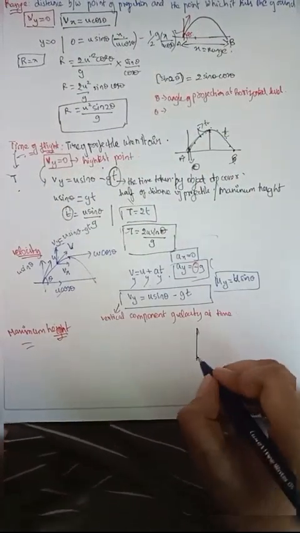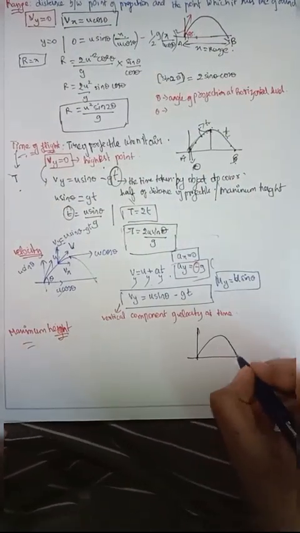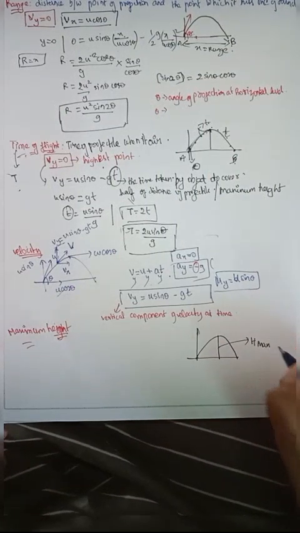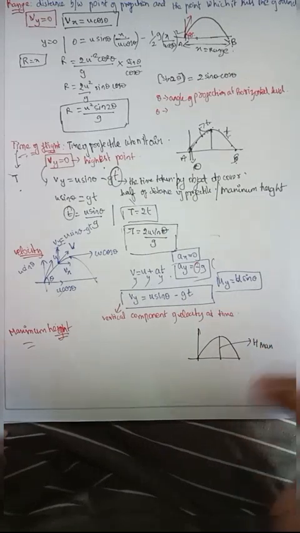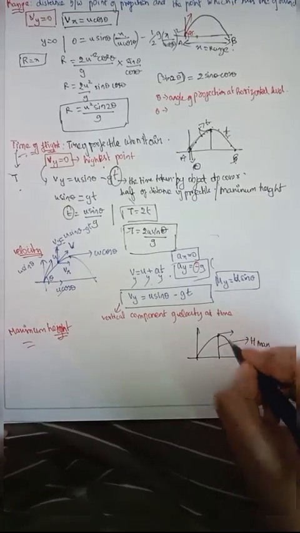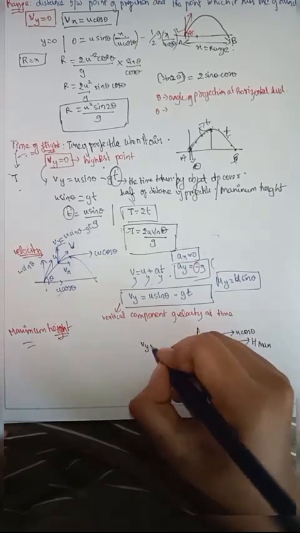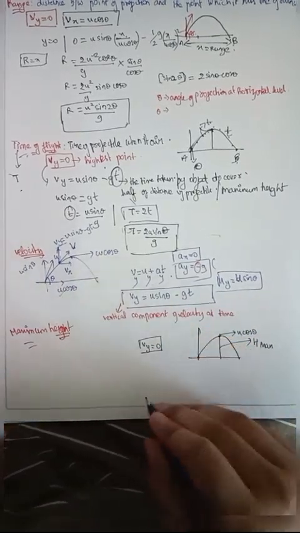See, this is the maximum height, simply h or h maximum. At this highest point, the only component of velocity is u cos theta. Vy equal to 0 at the highest point. You have to remember this.